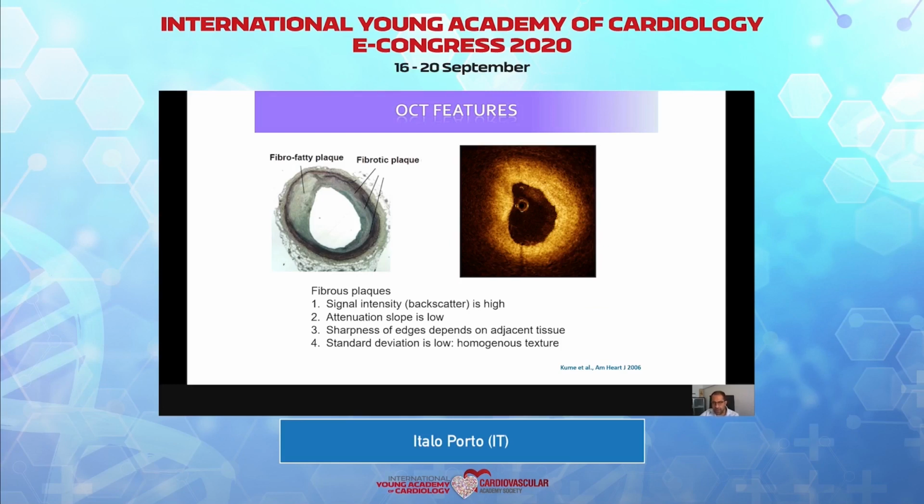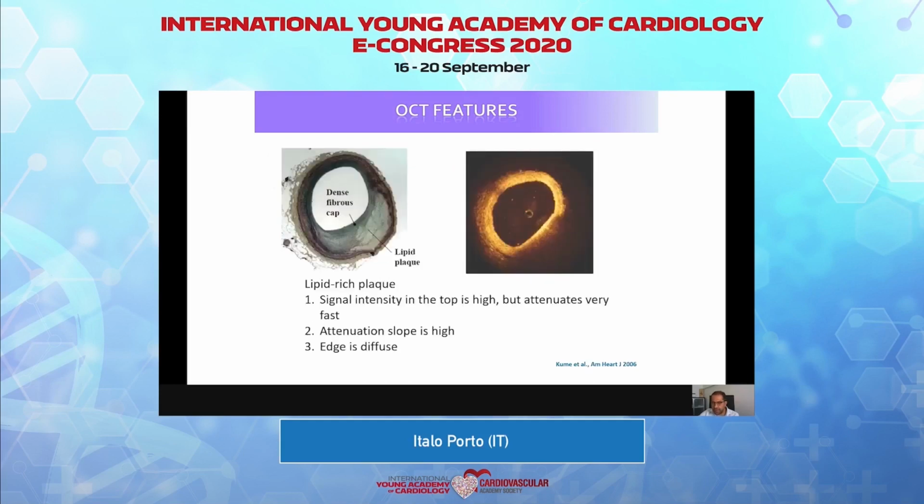So fibrofatty plaques or fibrotic plaques are associated with high backscatter, low attenuation slope, and homogeneous texture. Lipid-rich plaques are characterized by very fast attenuation of the signal, a bright top, and you don't see the edges.